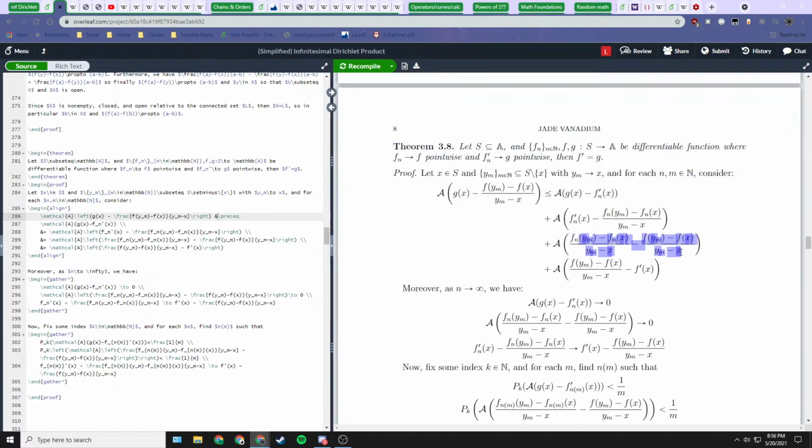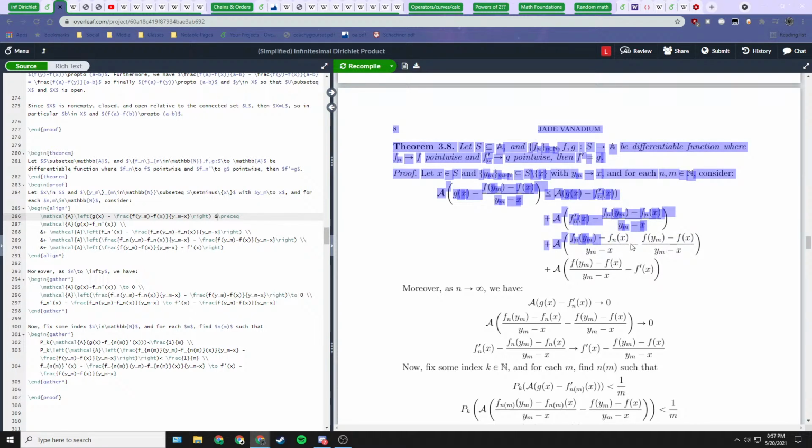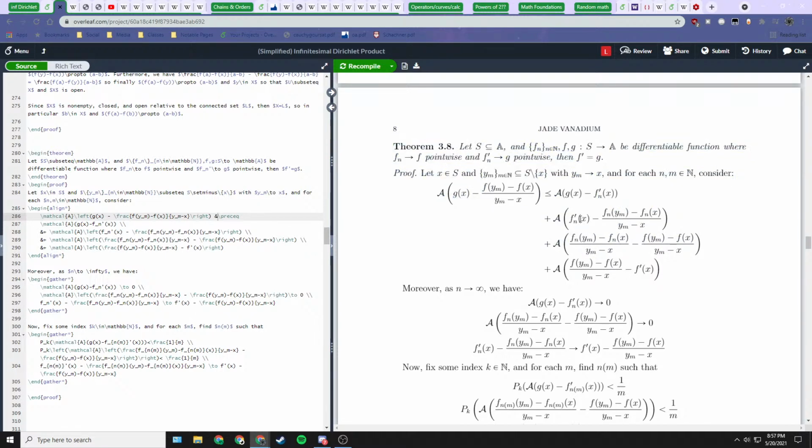This goes to 0 with n, and this goes to 0 with m. So as we limit m to infinity, this will vanish. If we make n as large as we need to, this will vanish, and this will vanish. So as long as n and m are going to infinity, if n is going to infinity fast enough, this will go away and this will go away. And then all we have to do is here.